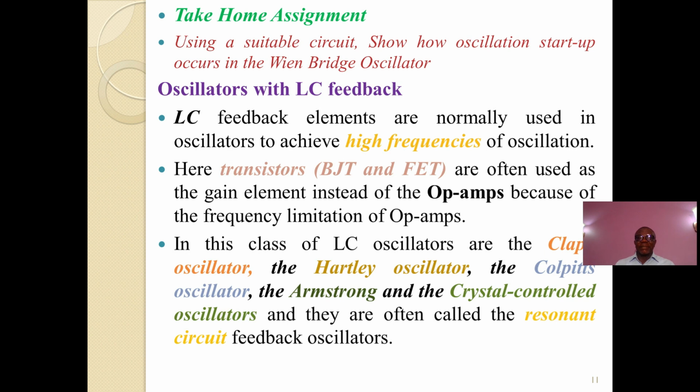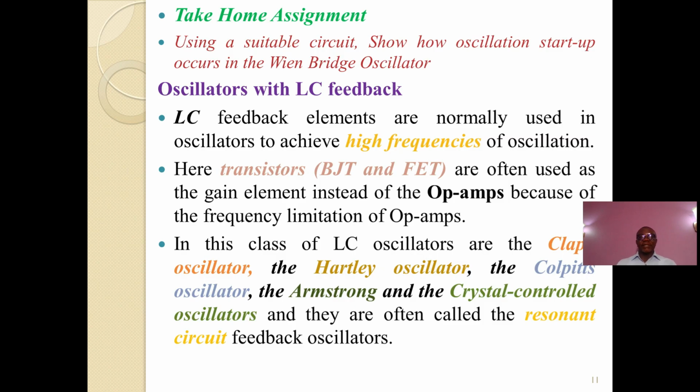LC feedback elements are normally used in oscillators to achieve high frequencies of oscillation. We say RC is limited to below 1 megahertz, but the inductor capacitor element in the feedback can be used for higher frequencies of oscillation.